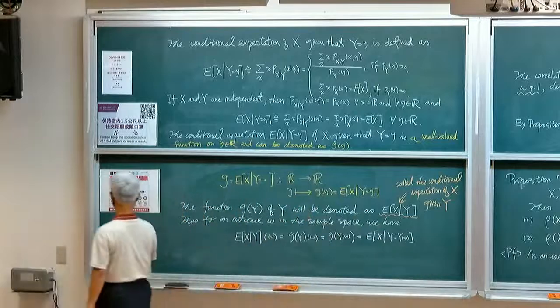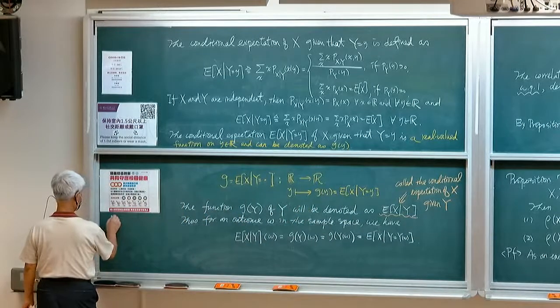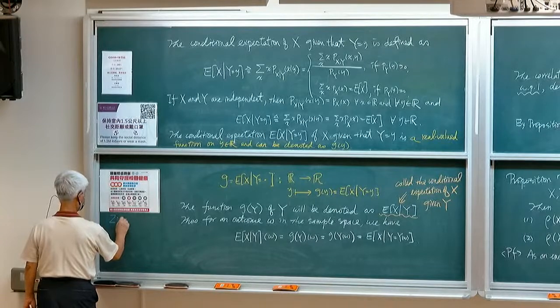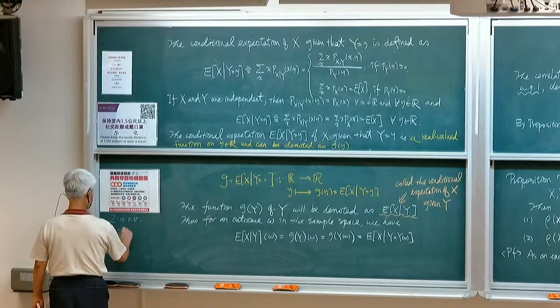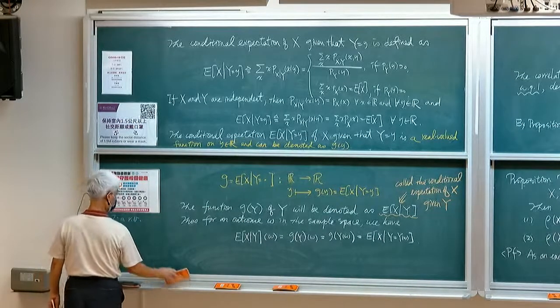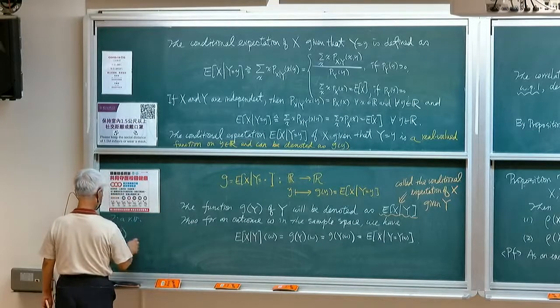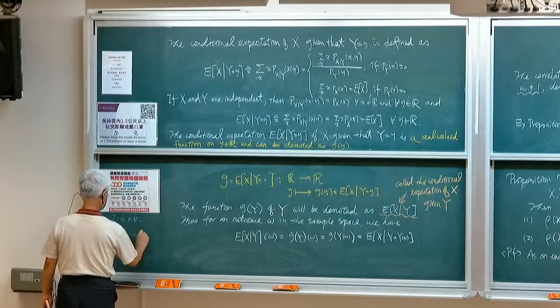Actually, g can apply to, for example, Z, which is a random variable. Then g of Z is also a random variable.